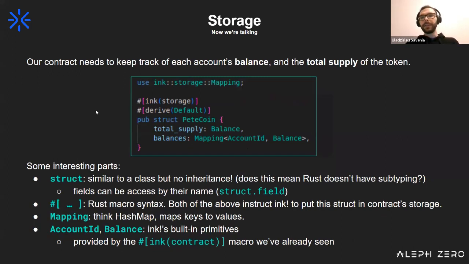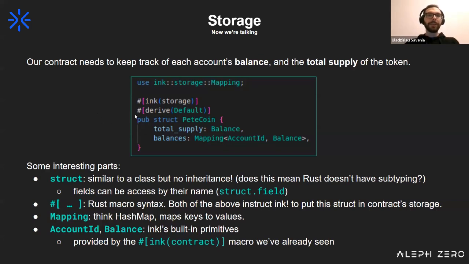If you define something as ink contract, it will require you to have at least one constructor and storage struct, and I think also one message which you would be able to call upon.